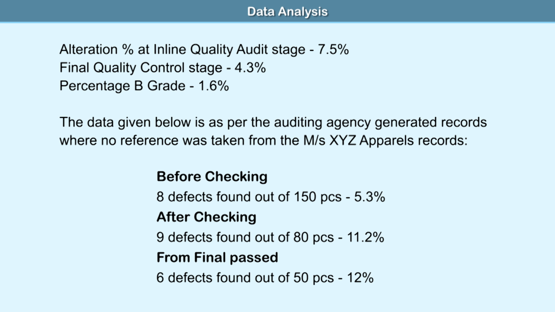The data analysis shows the following figures: the alteration percentage at the inline quality audit stage stands at 7.5%, the final quality control stage at 4.3%, and the percentage of B grade at 1.6%.